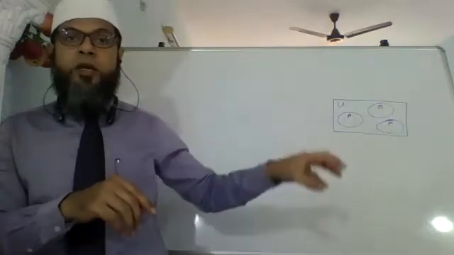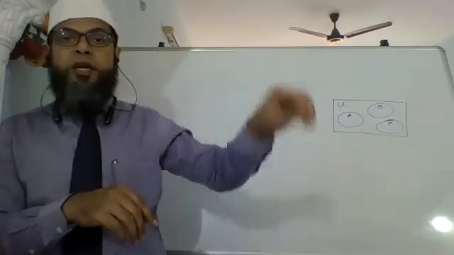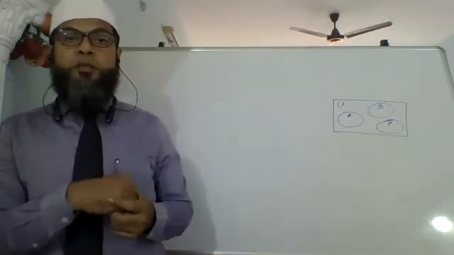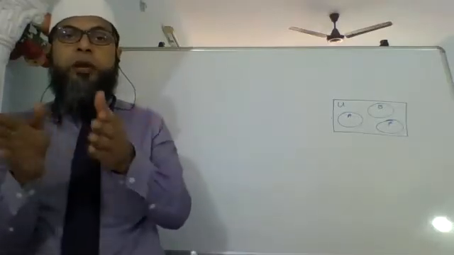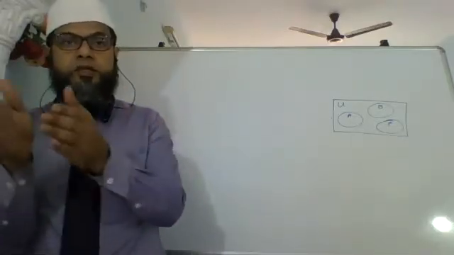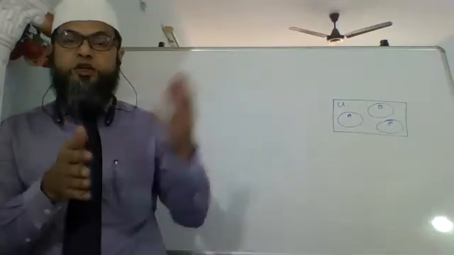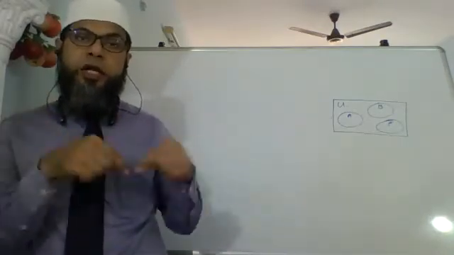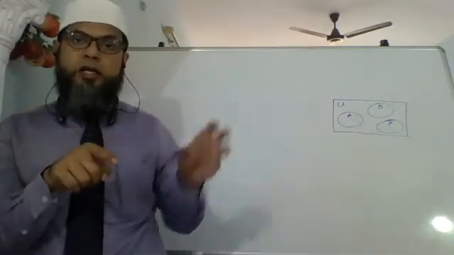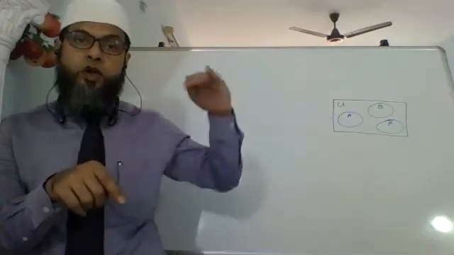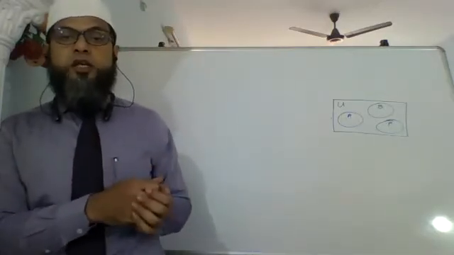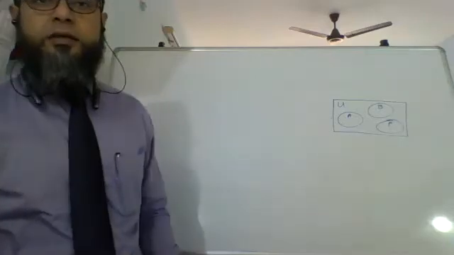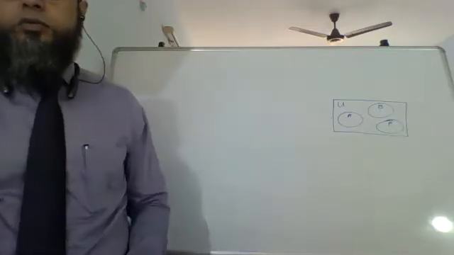Then people living in building A, building B, building C, building D would be your smaller subsets, or people on a particular floor. So are we clear what is a universal set? Yes or no?